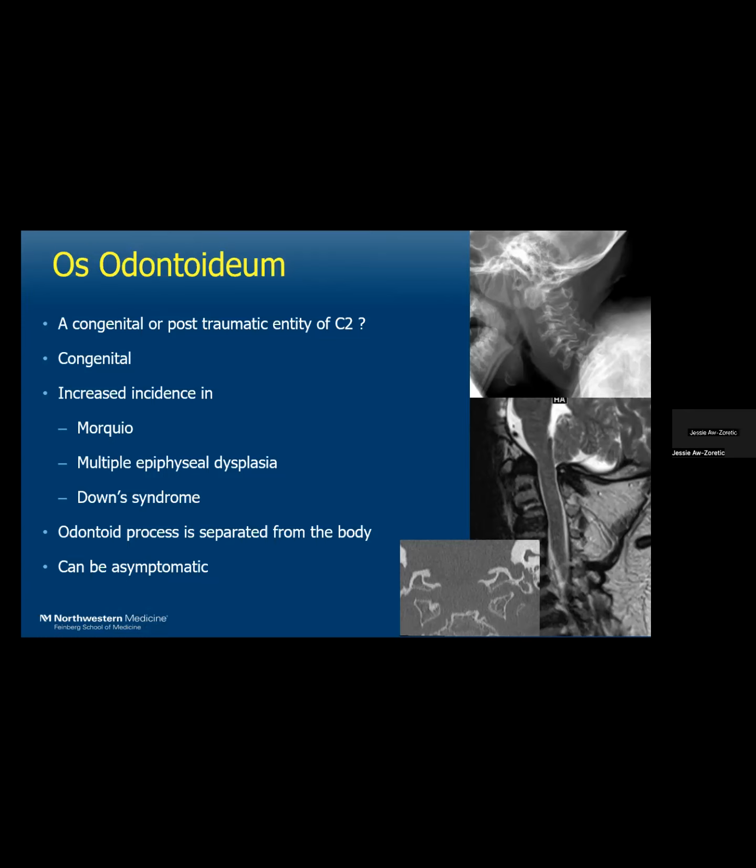There is increased incidence of the os odontoideum in some of these entities, Morquio, multiple epiphyseal dysplasia, and what's even more common than these two is Down syndrome, or more commonly known nowadays as T21. So that is very prevalent.